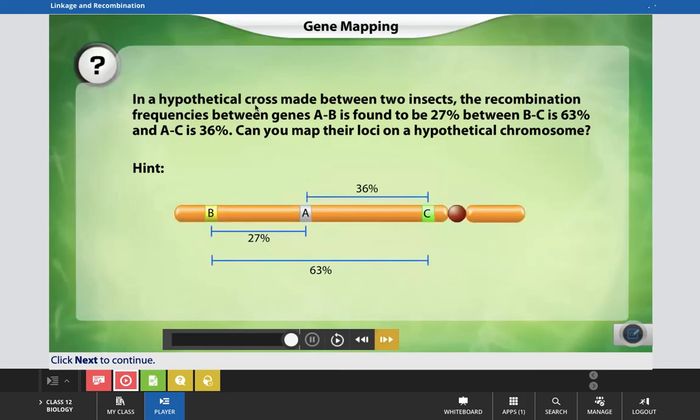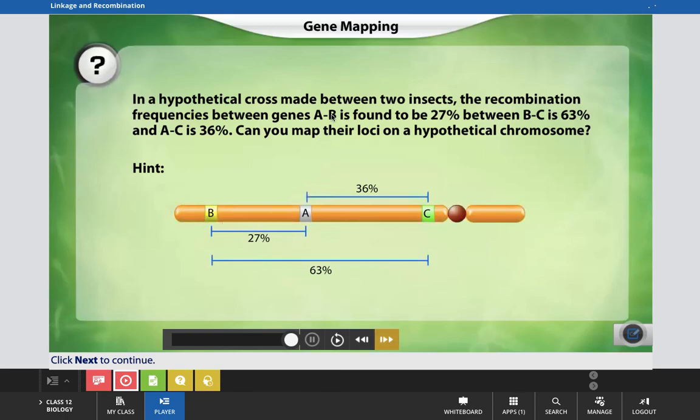In a hypothetical cross made between two insects, the recombination frequencies between genes A and B is found to be 27%, between BC it is 63%, and in AC it is 36%. Can you map their loci on a hypothetical chromosome? Yes. Whatever will be the percentage, that will be the map distance between these two genes.